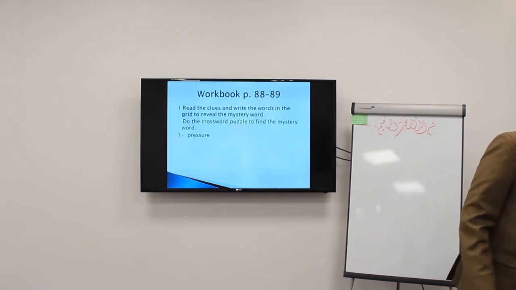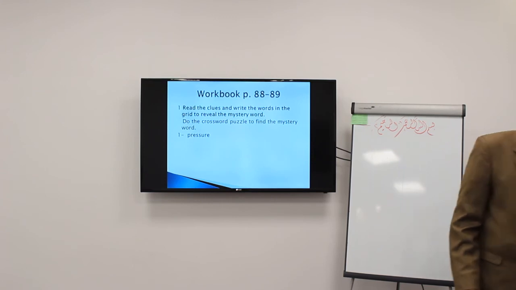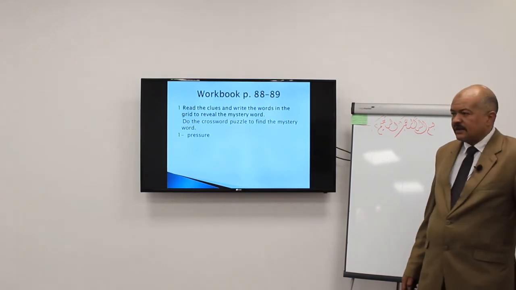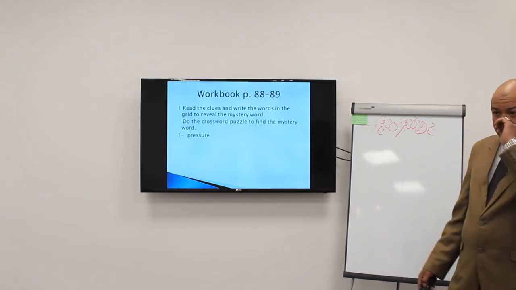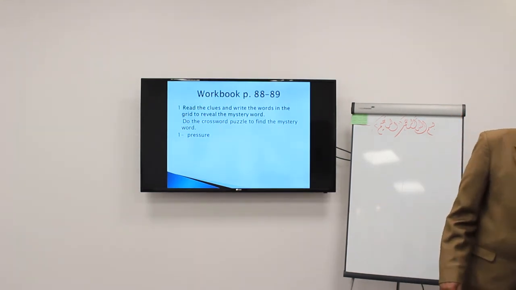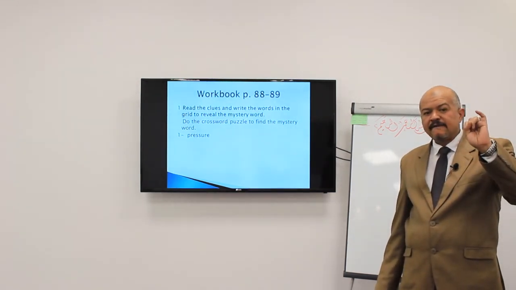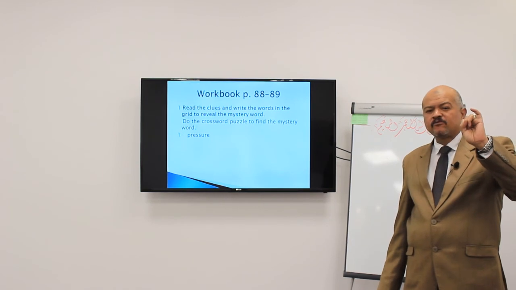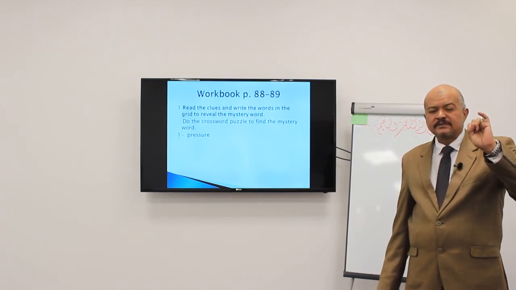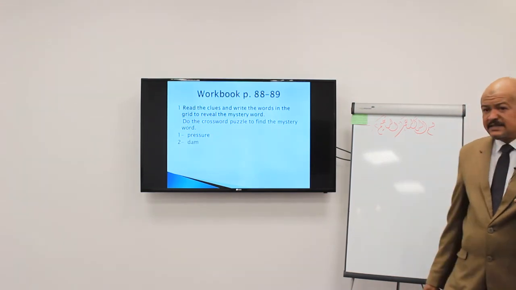Yes, it is E. The second word, a strong wall built across a river to stop the water from flowing. We've got a lot of this in Sudan. 3 letters. I'll help you. The first letter is D. 3 letters. It is dam, isn't it? Yeah, it's dam.